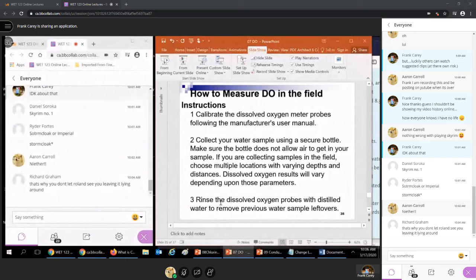Number one, of course, calibration. That is the key requirement to any process control, to be able to accurately read any kind of process, in this case obviously dissolved oxygen.